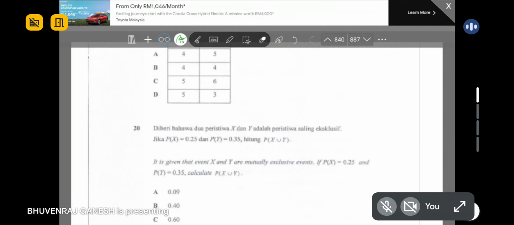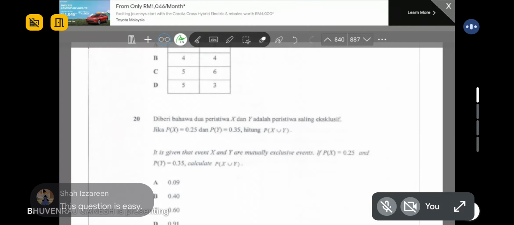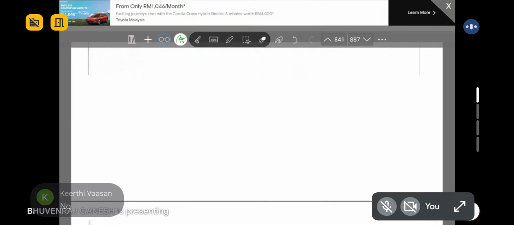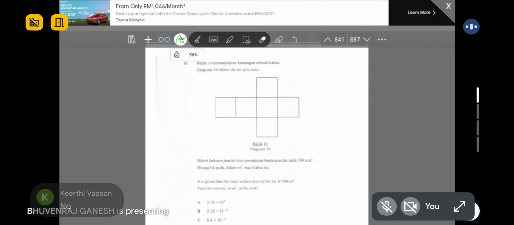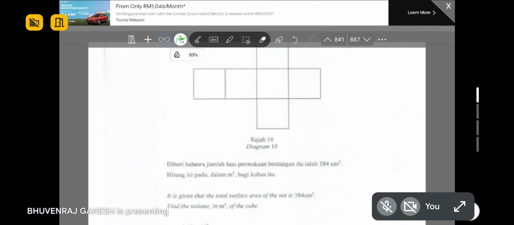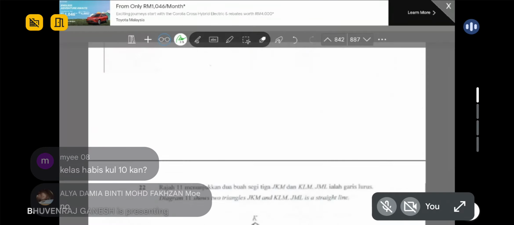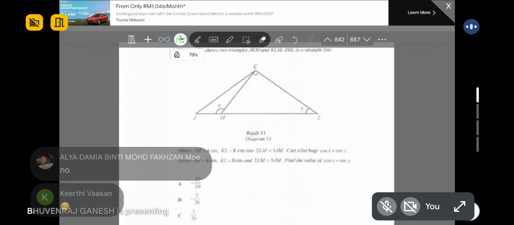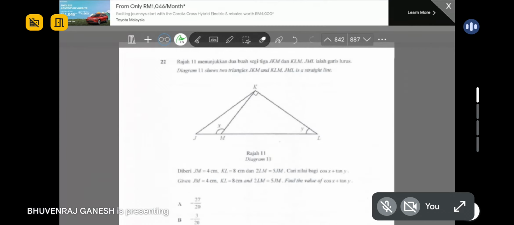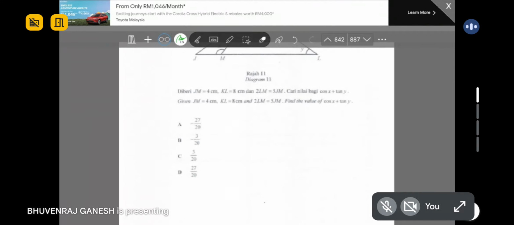1920. Any questions? 1920. Nana? I think it's quite easy lah guys. Senang. Nana, okay, continue. Next one. 21. Any questions? Nana? Tak ada. Continue. Okay, 22. I know you guys sleepy, so faster finish lah. 22, anyone? Tak ada.